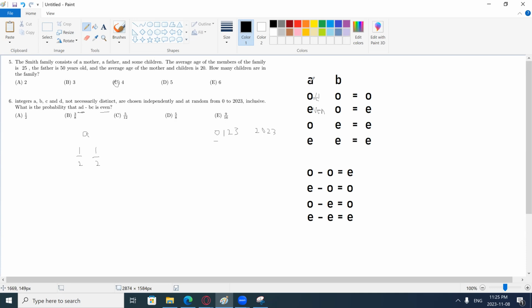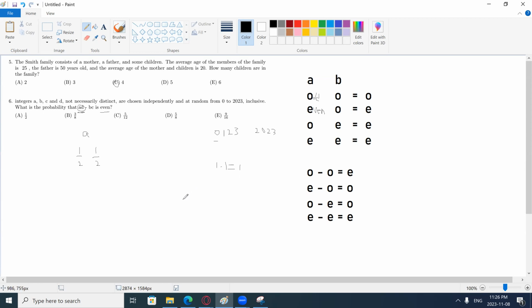So if your first number, A, is odd, and the second number, D, is odd, when you multiply them, you will get another odd number. For example, 1 times 1 will be 1. You will always get an odd number.